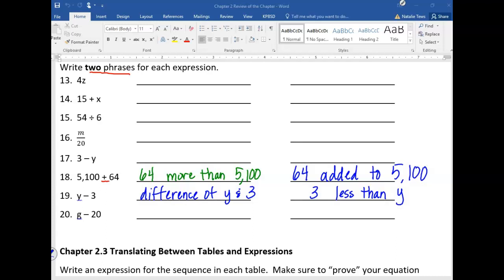What's the other one that you have to reverse the order on that wording that sometimes gets people? Yeah, so if I did the subtracted from, okay, I would say 3 subtracted from y. Okay, remember with subtraction and division, the order matters.